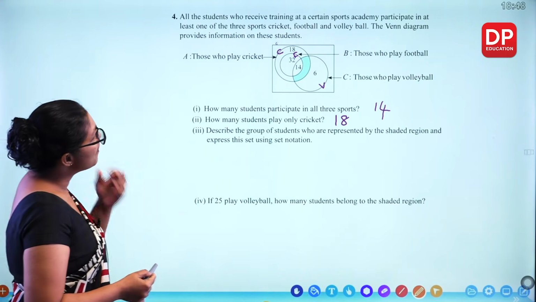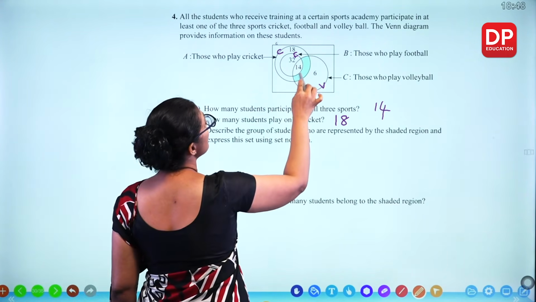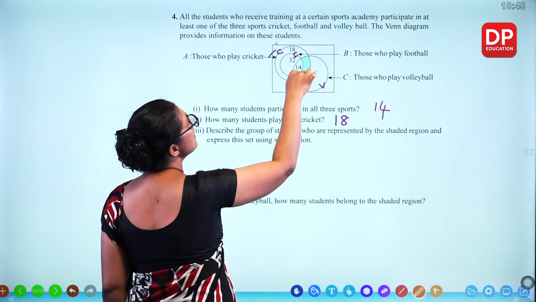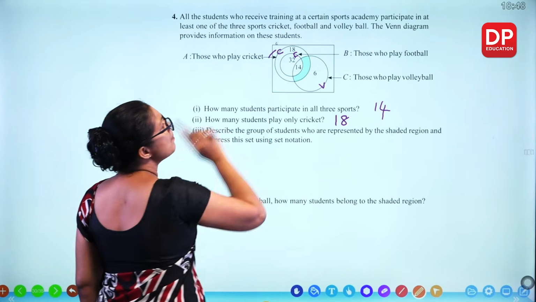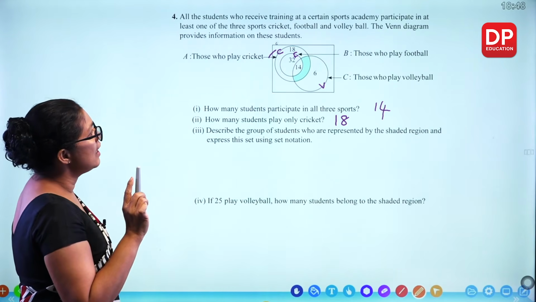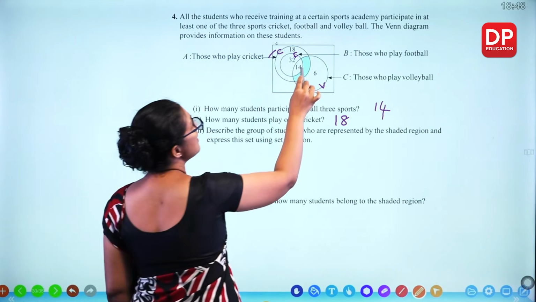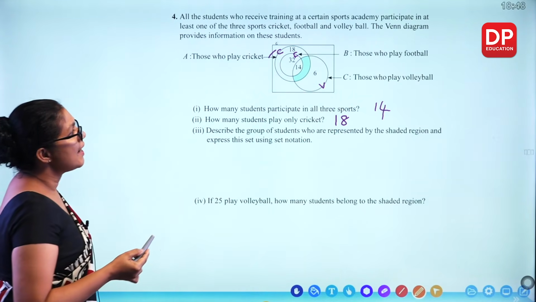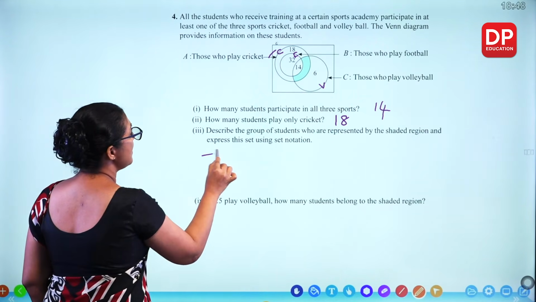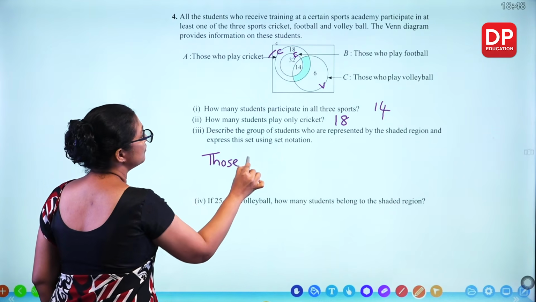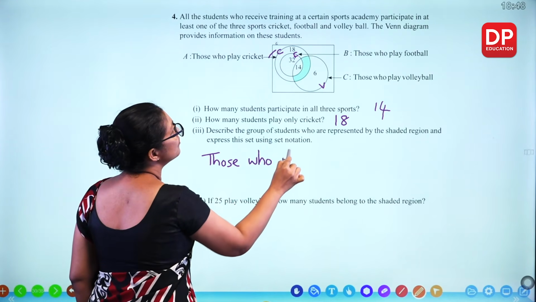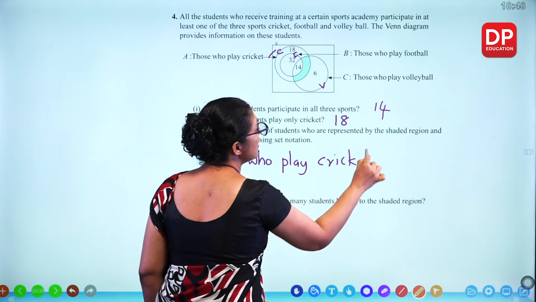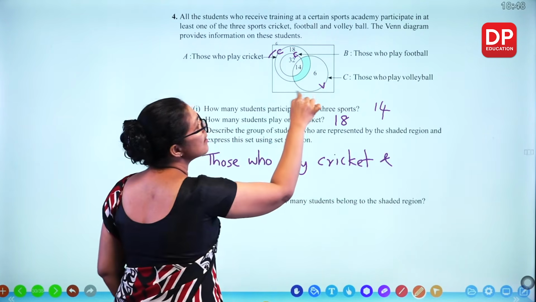So how can we identify this one? This one is play cricket but not play football and play volleyball as well. So we can write those who play cricket and volleyball.